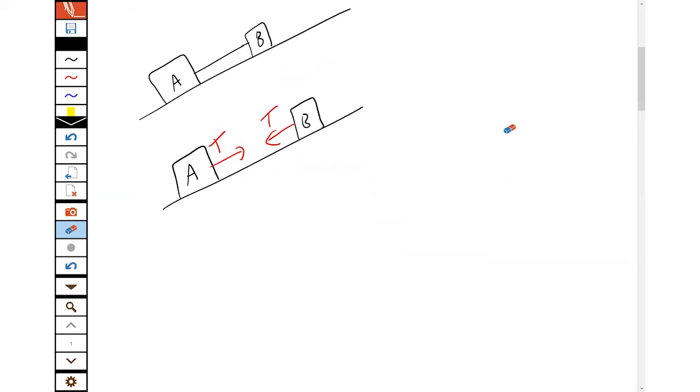There's another effect of ropes. Things on the same rope move the same amount.